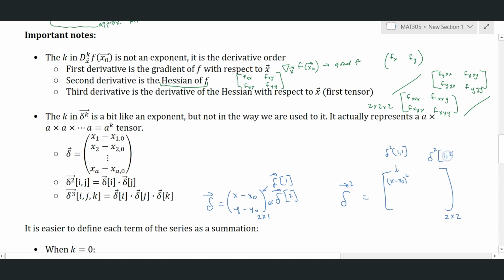In the first row, second column entry, which would be this one, by the definition, it will be delta i times delta j. So i is 1, j is 2. So it'll be x minus x naught times y minus y naught.